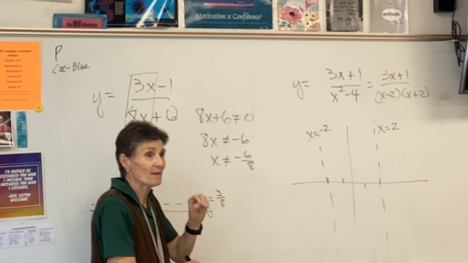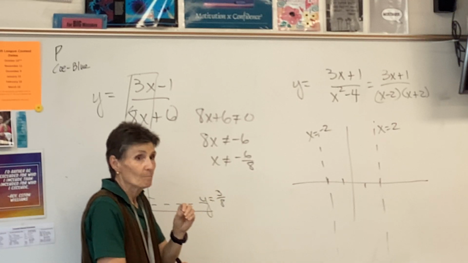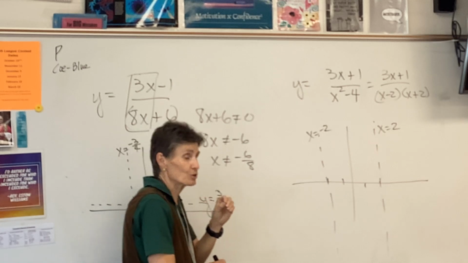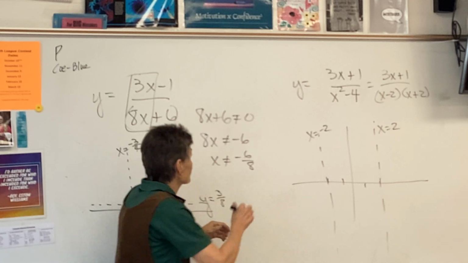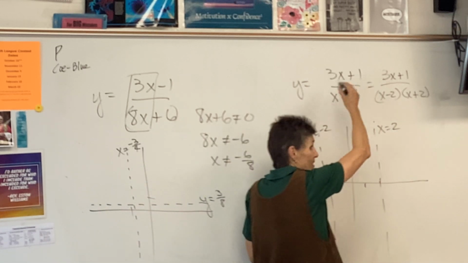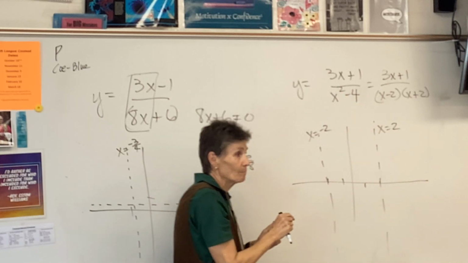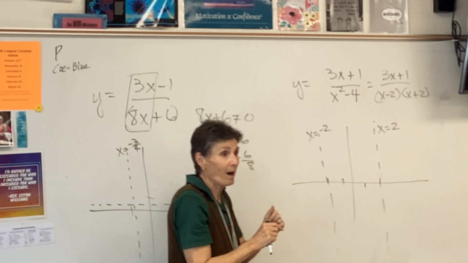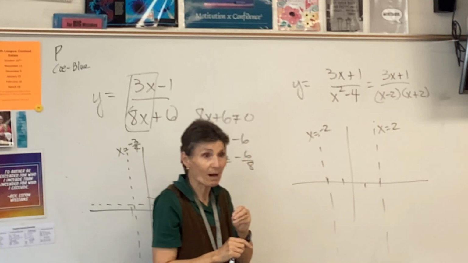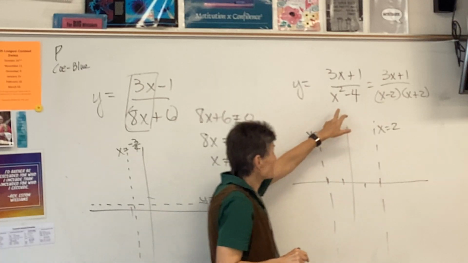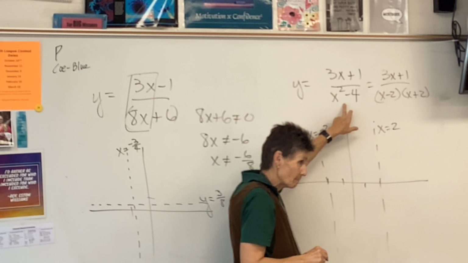But this one, they don't match. When the powers don't match, you gotta do some boxing. But you can't box an x and an x squared. You can only box the highest power. The highest power is x squared.